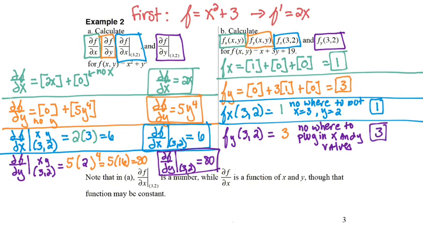Now here's something important to catch at the bottom of this note. It says in part A, when we did the partial derivative at 3, 2 about the x variable, my blue one, we just got 6. We just got a number answer.